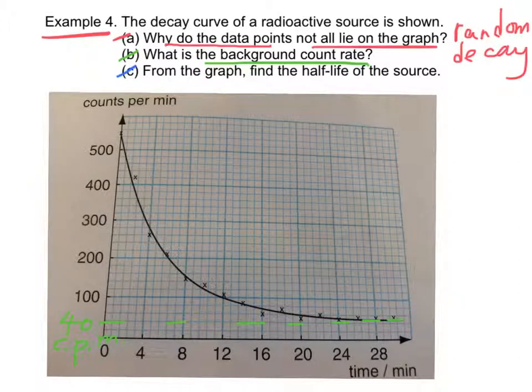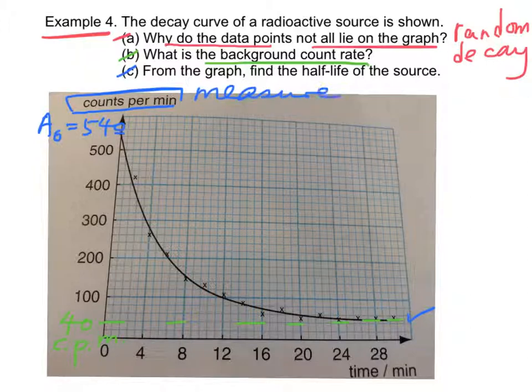Part C. We have initial activity A lot about 540 counts per minute. Since there is background radiation, the y-axis shown is the measured count rate.